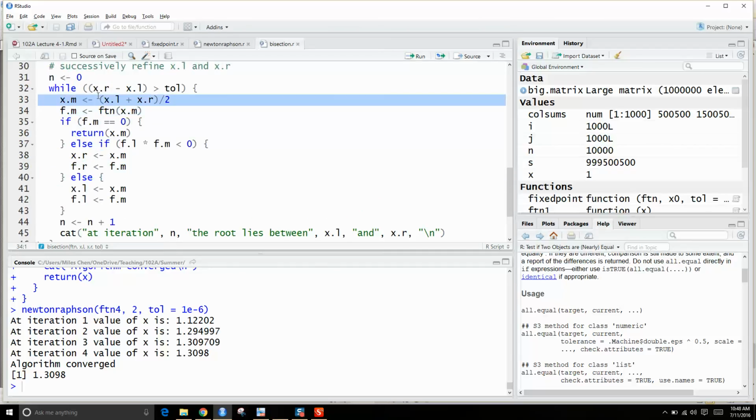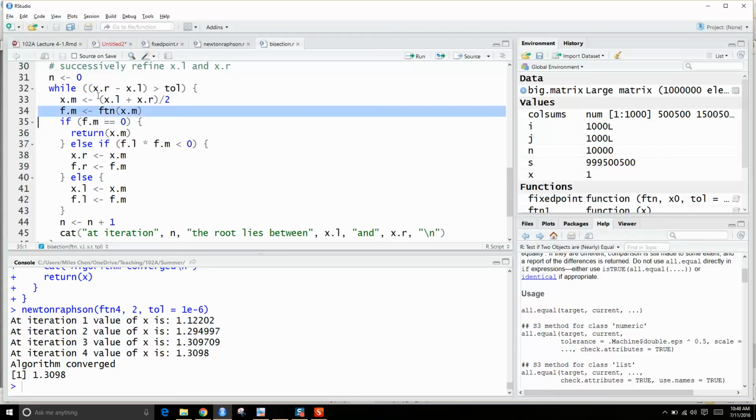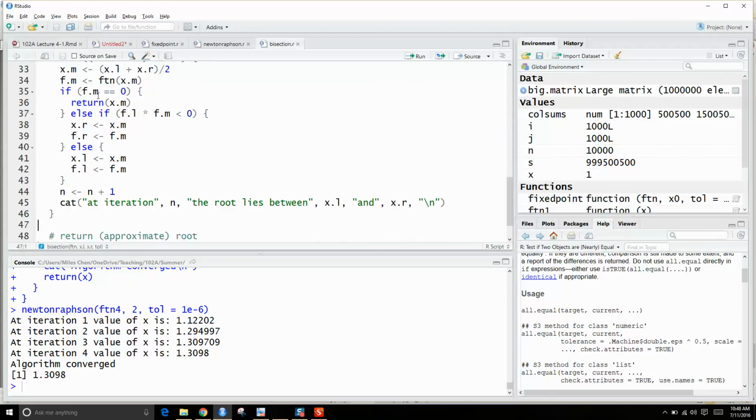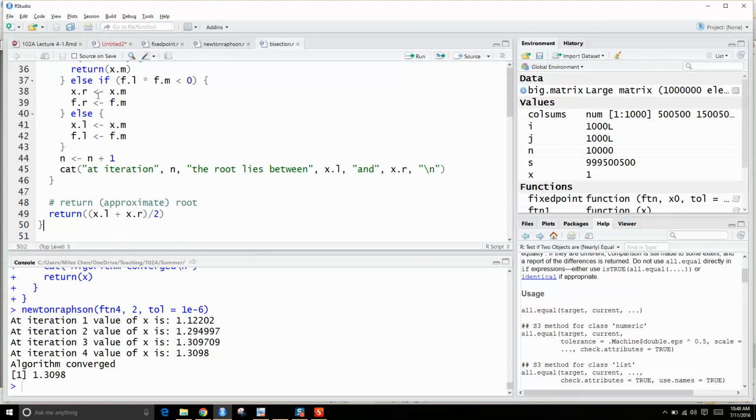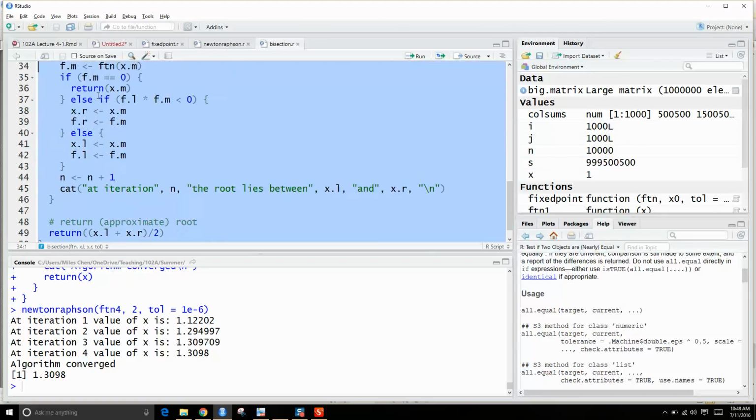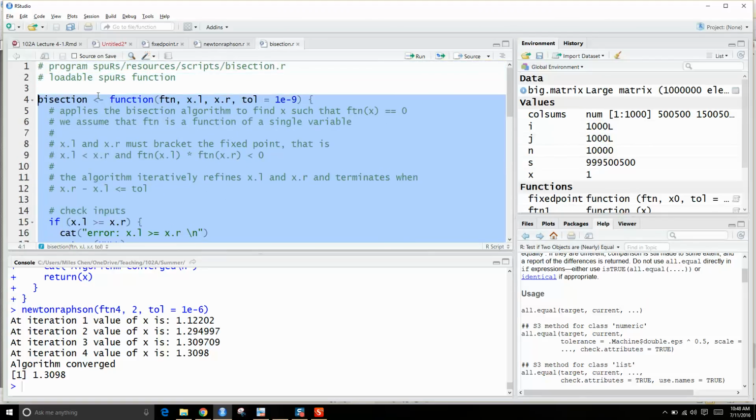We calculate a new midpoint, calculate the function at that midpoint, and then decide whether to keep the left-hand side or the right-hand side, over and over. The calculations involve evaluating the function at the midpoints and then doing a comparison. And so this is the bisection method.